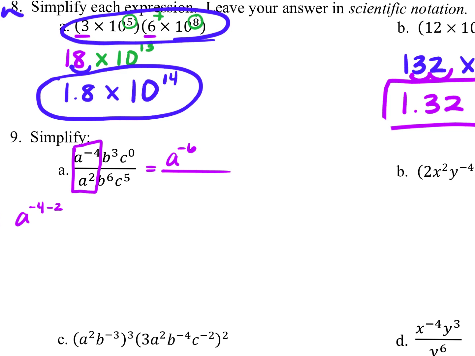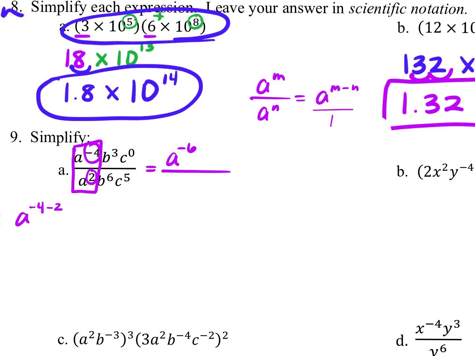And that would be a numerator, because when you're dividing it's like saying a to the m over a to the n is a to the m minus n. That's a numerator. Essentially, it's over 1. You're taking the numerator exponent minus the denominator exponent. -4 minus 2 is -6.